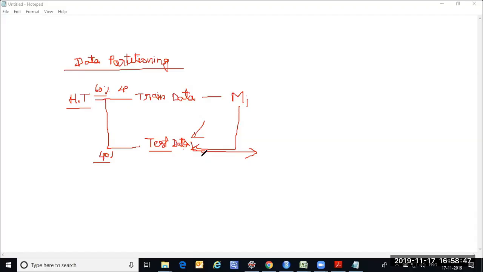One question I have, can I ask? Yeah, you can. You mentioned that in case of a time series, the most recent data has to be test data. Let us say you're predicting sales for the next 1 year, and you have captured the data from January 2014 till, let's say, December 2019.